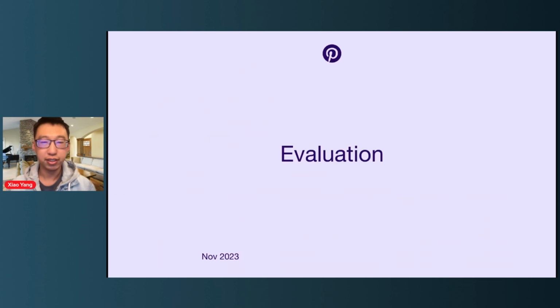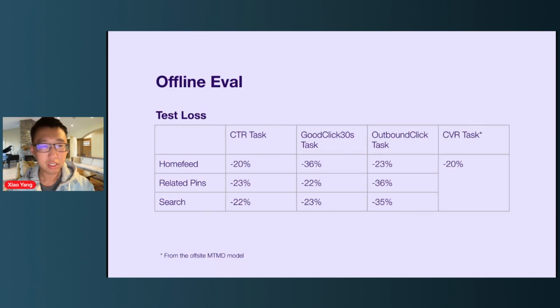And next is the evaluation part. Once we have this new model architecture, we conduct offline evaluation on all kinds of domains and all kinds of tasks. Our test loss is defined the same as the training loss, but on the next training interval's data, and our current loss function is used as the distillation loss.